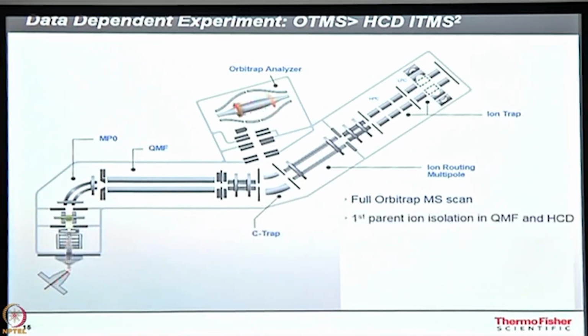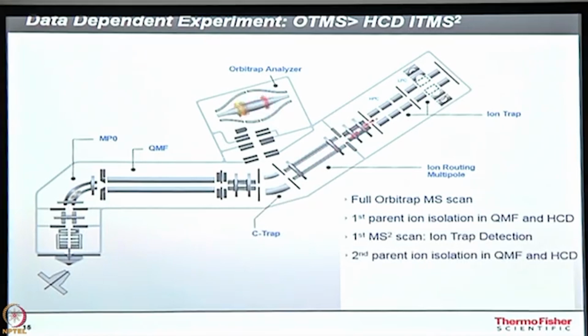Now the first mass comes here and gets fragmented. When it is sent to the ion trap, at the same time the second mass comes up. In the same way, you are doing parallel reactions.